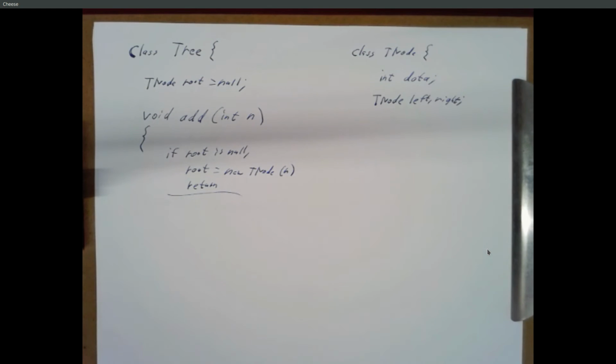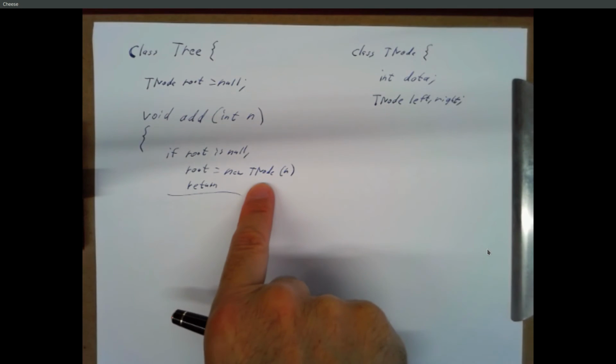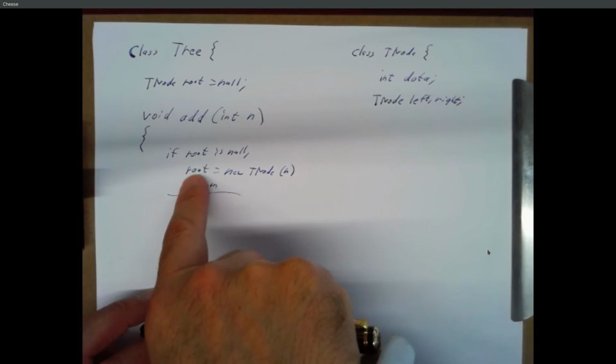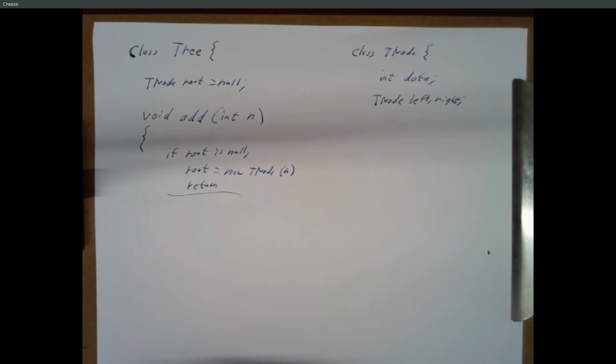And let's return. So if we're starting off with an empty tree and we try to add our first node, we're just going to create a new tree node, put the data value equal to n, and have the root be equal to that.